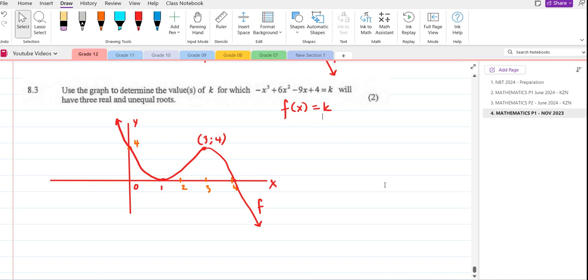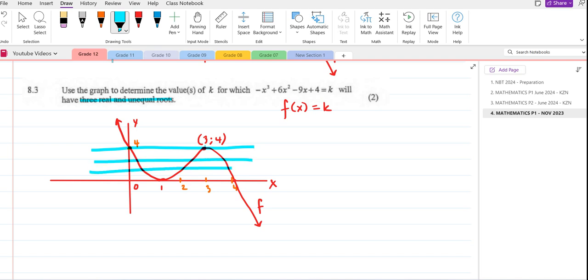So when will it have 3 real and unequal roots? When we're cutting through here, we get equal roots, but we want distinct roots. So it looks like we have to cut between the turning points.